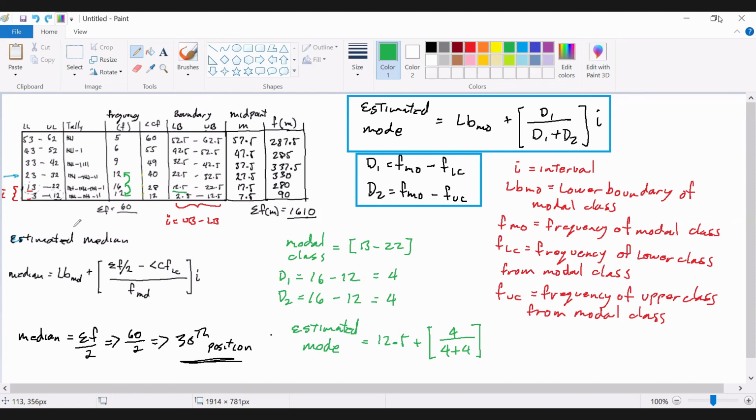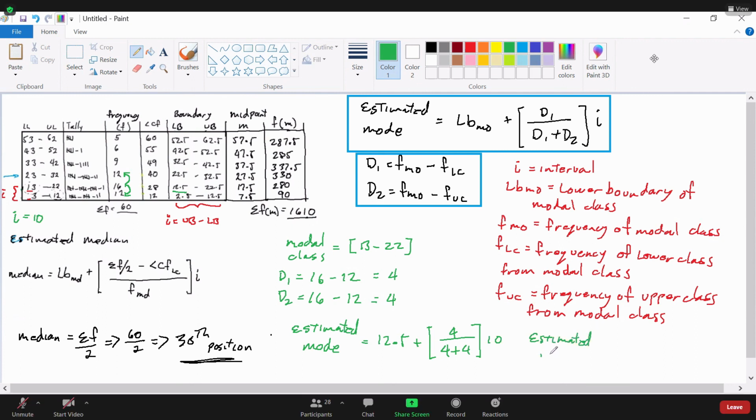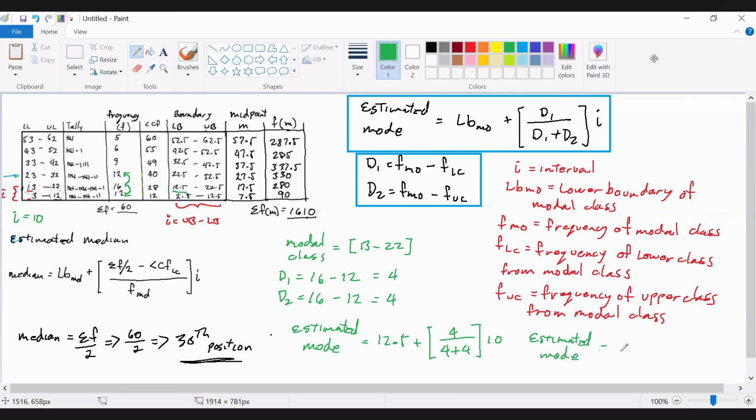I is 10. Okay, calculate. This is now 1/2, right? 1/2 times 10 is 5. Add this to 12.5.